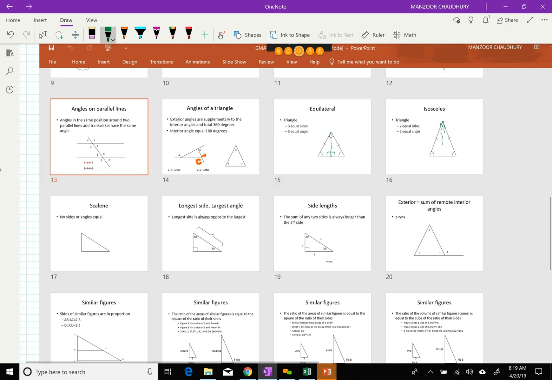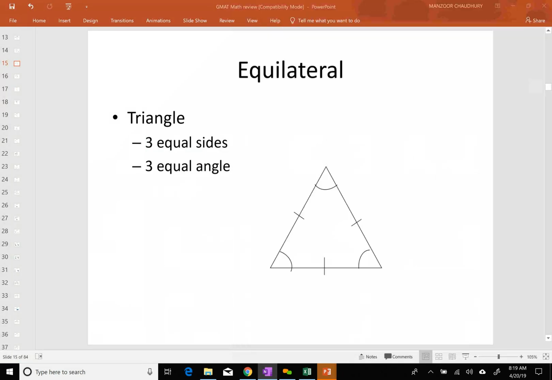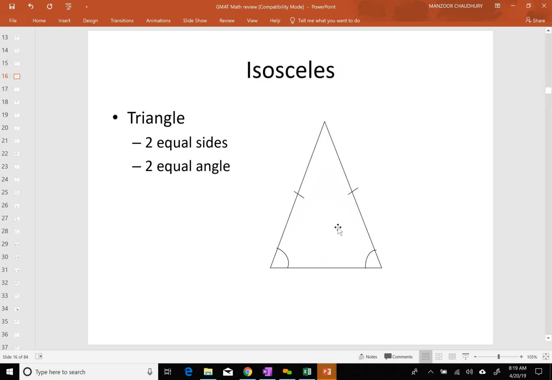You can do the same thing with an isosceles triangle. You can cut it into two 90-degree triangles, straight down like that. Now, equilateral means 3 equal sides and 3 equal angles, 60, 60, 60.